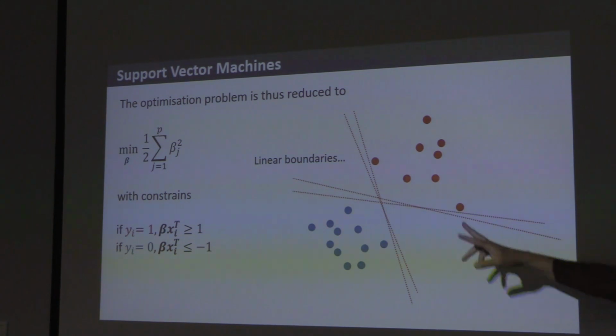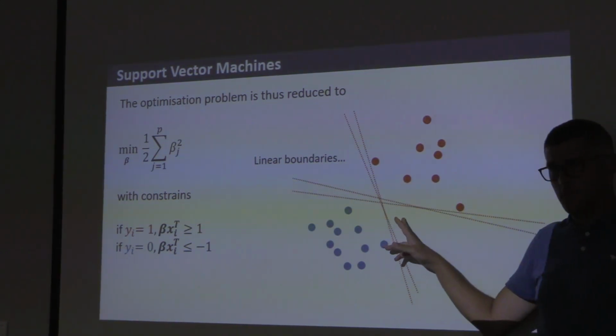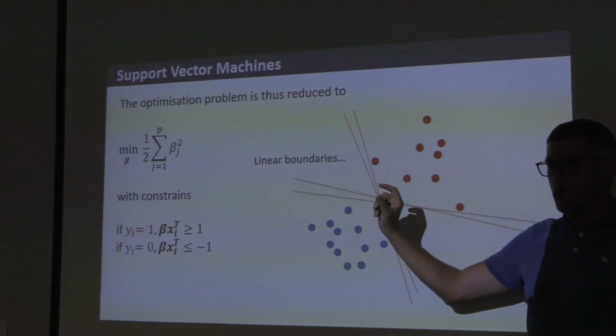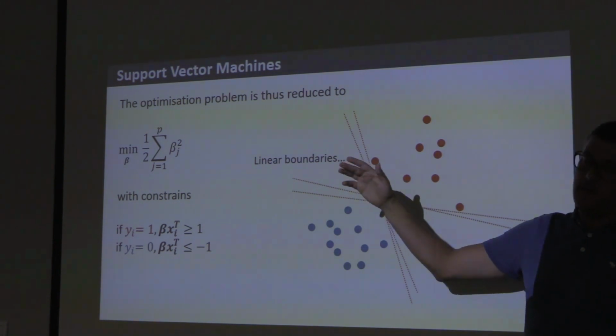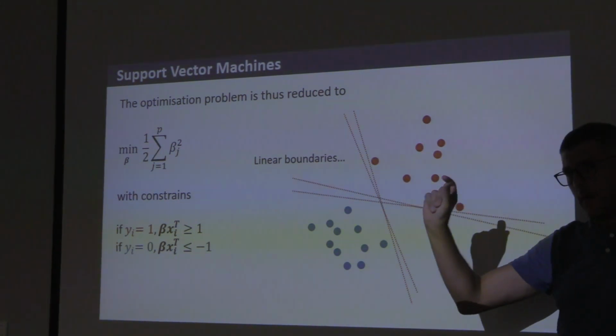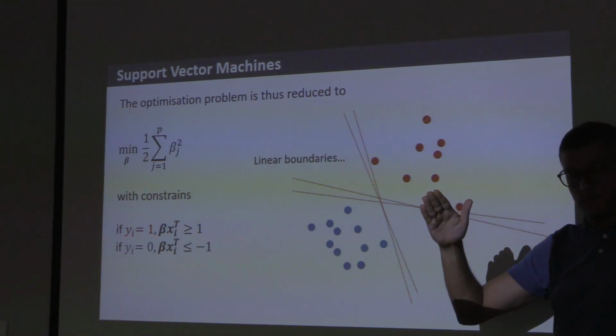But a support vector machine will never choose one of these, because what a support vector machine does is maximize the margin between the samples and the boundary between the two classes.